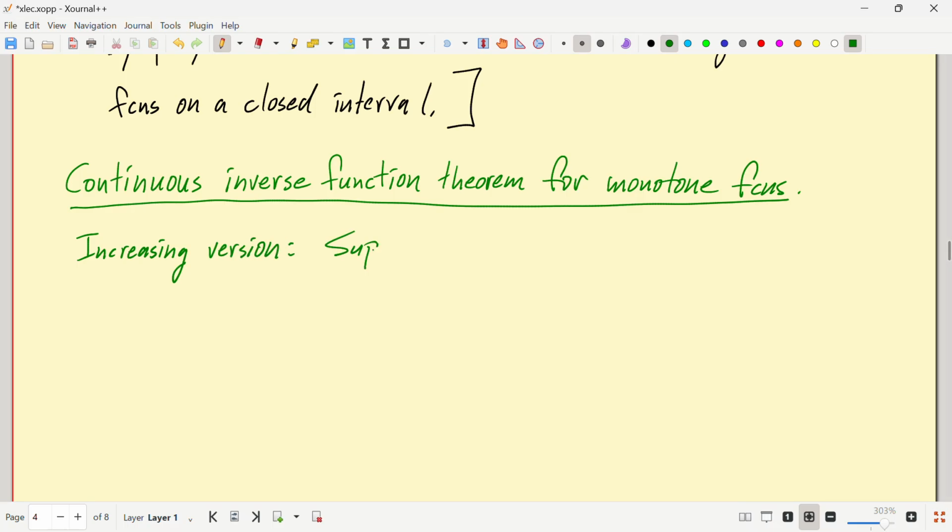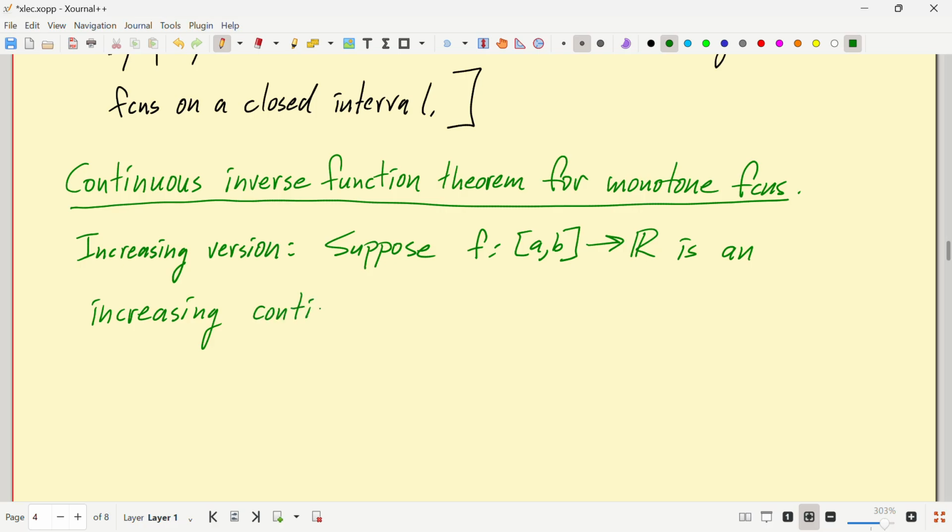Let's suppose f from [a, b] into the real numbers is increasing, and here it is, we need it to be continuous.